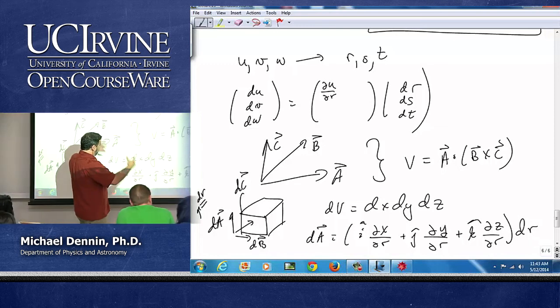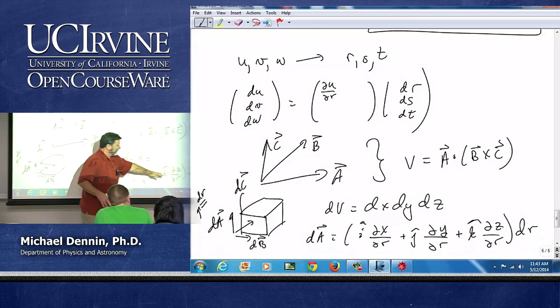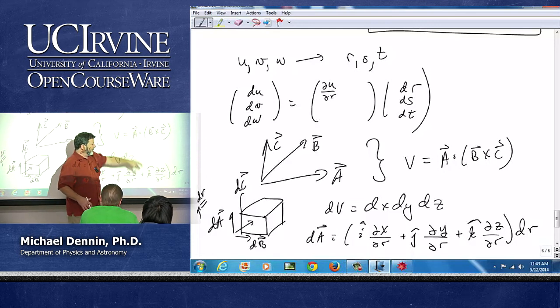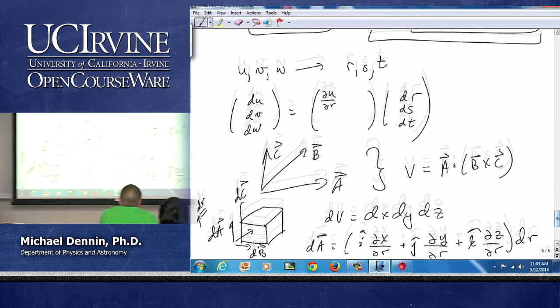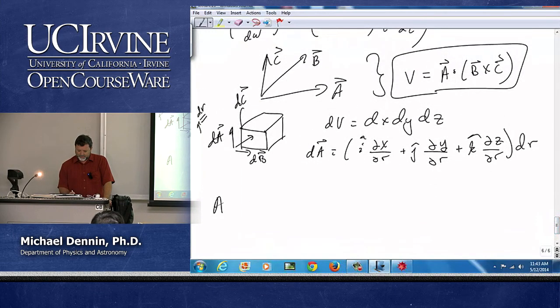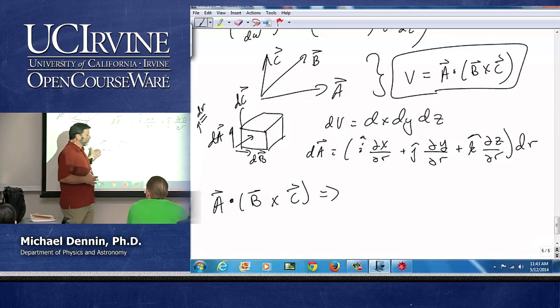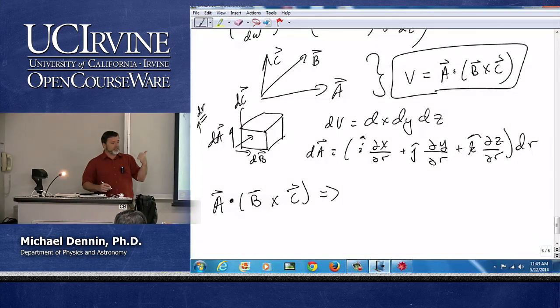And so if I want to compute my volume, this matrix right here is just the different vectors that I have, dA, dB, dC, multiplied by the little differentials. And by definition, A dot B cross C is just, if I put the A, B, and C in a matrix, this quantity is just the determinant. This is why we learned all this stuff way back at the beginning.